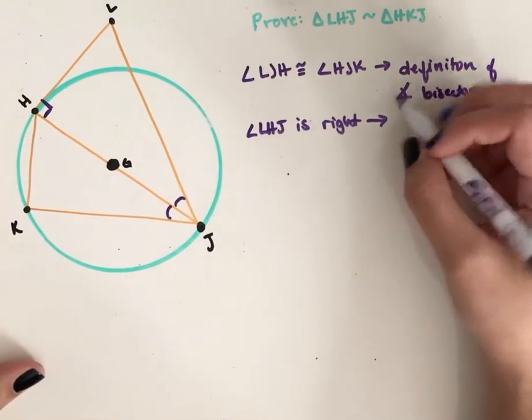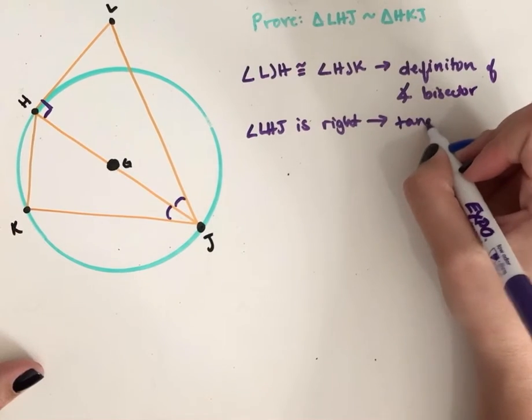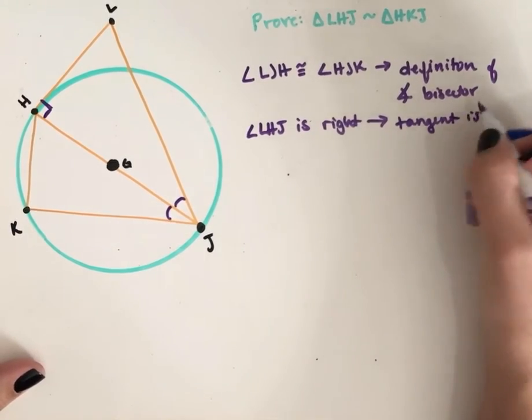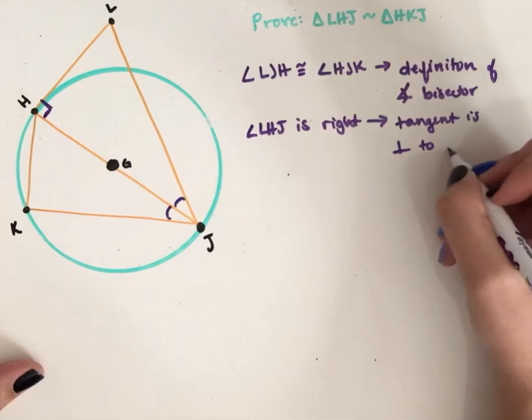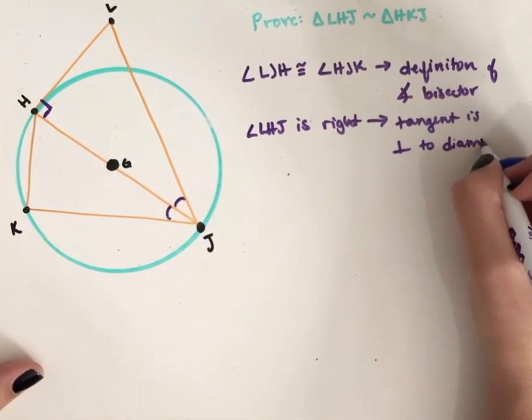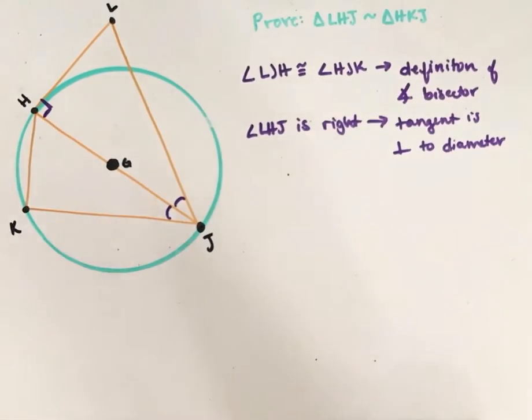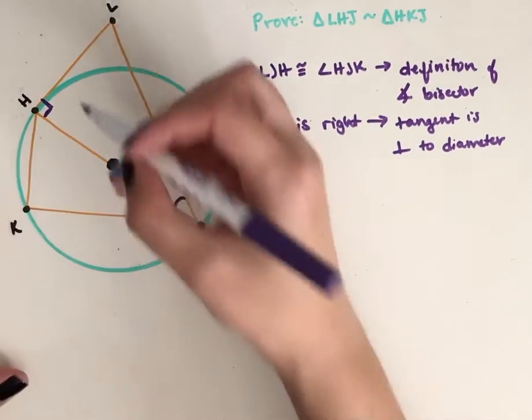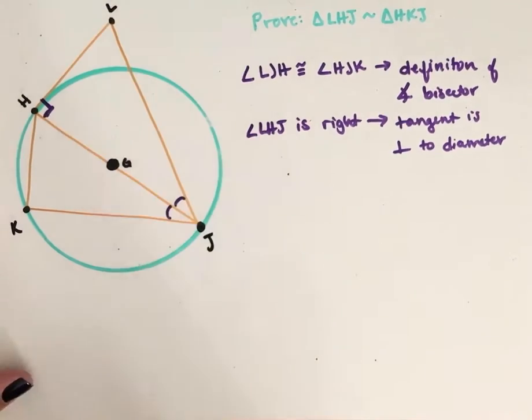I need to say something about how a tangent is perpendicular to the diameter that it intersects. You could have explained that in a much more specific way, but for time's sake, I'm going to kind of shorten this up. Okay, so I have one right angle here.